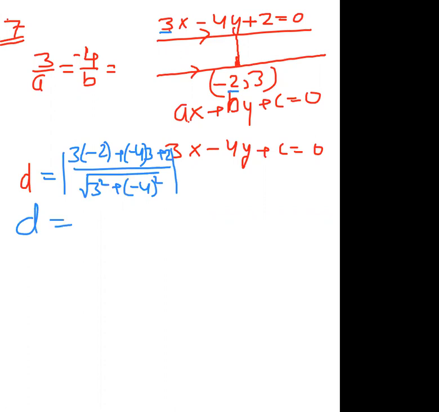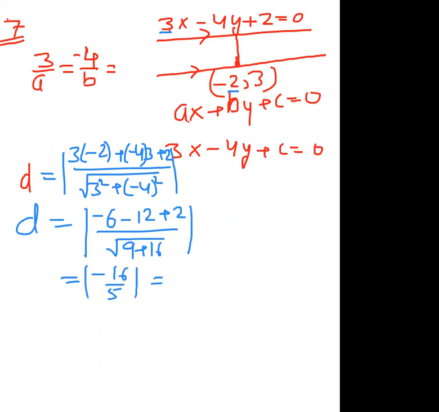So distance equals minus 6 minus 12 plus 2 upon under root 9 plus 16. This distance is coming minus 16 upon 5 mod, that will be 16 upon 5 units.